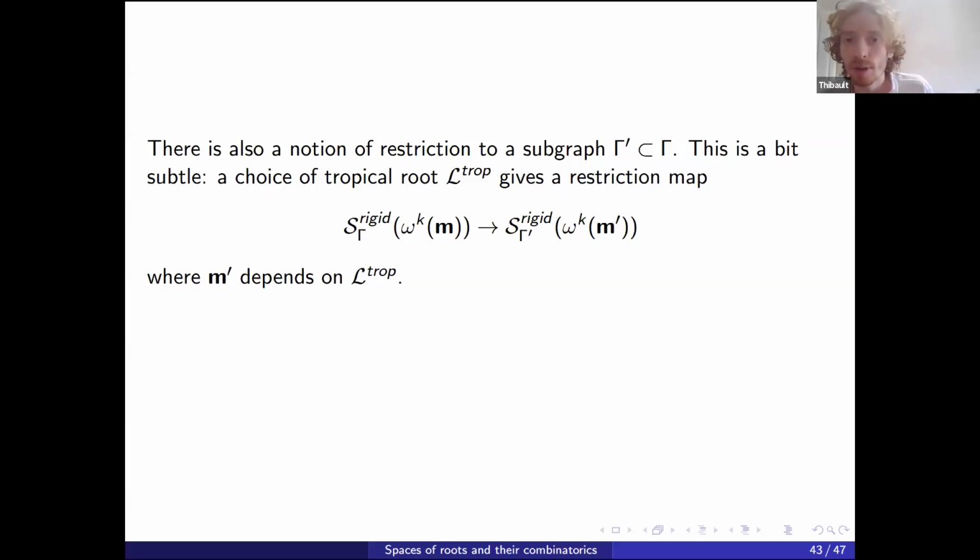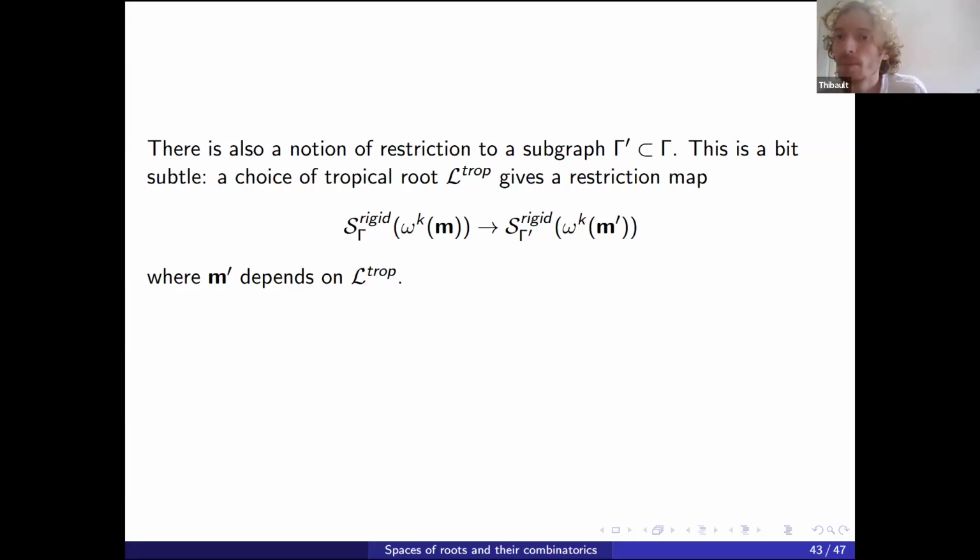If I give you a subgraph and I choose a fixed tropical root, then I get some sort of restriction map from roots of omega k of m on gamma to roots of some different universal bundle on gamma prime. The way to keep track of the multiplicities of the markings can be a bit subtle, and it depends on a choice of tropical root.